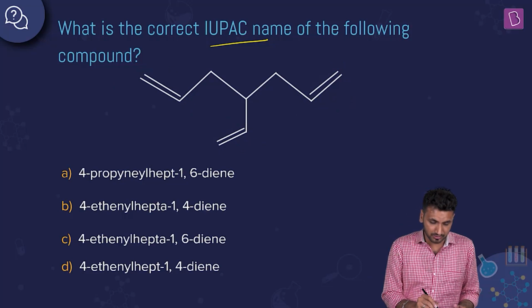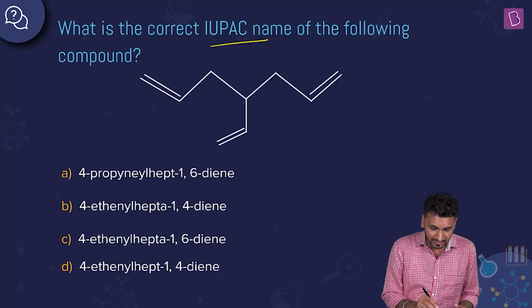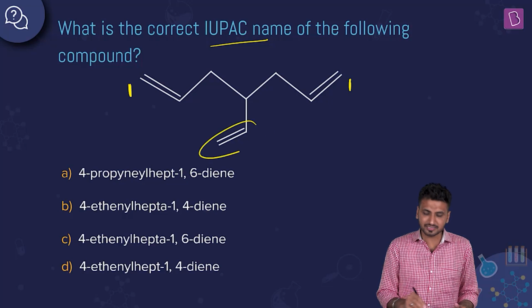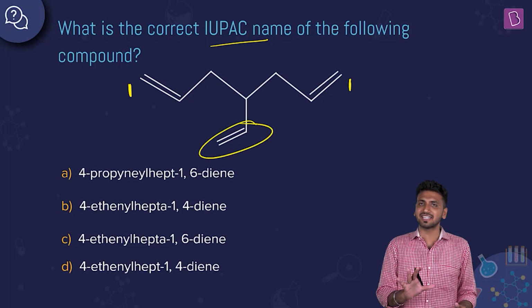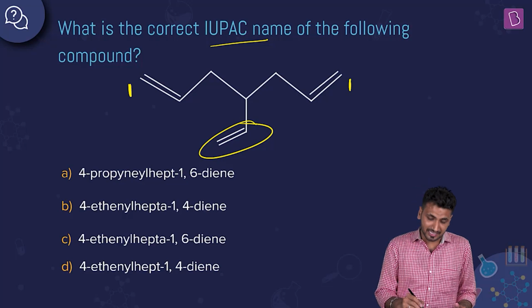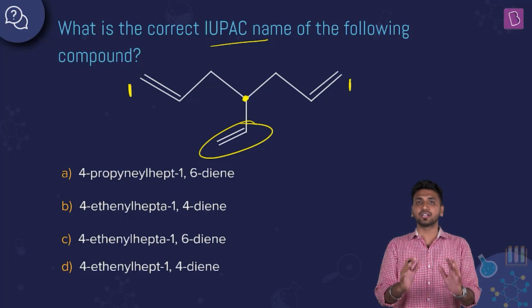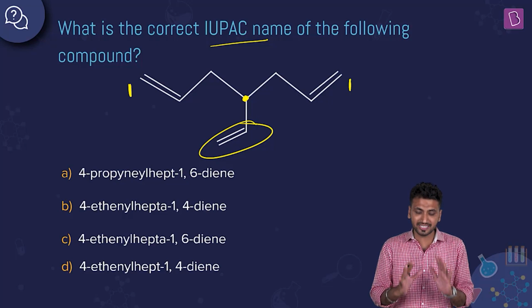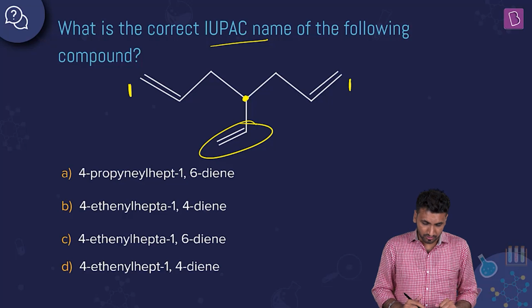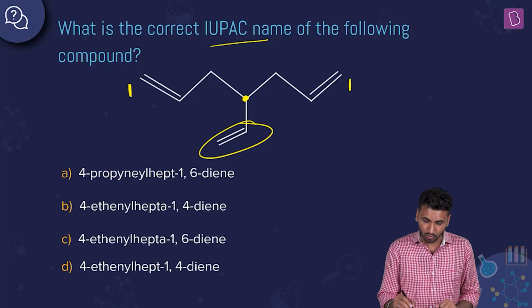If I move on with that thought, I have to number this molecule either from here or from here, right? It won't be possible to take this into the parent chain. We'll treat this as a side chain, right? But one thing that you have to keep in mind is that this carbon, according to the lowest locant rule, should get the minimum number, right? So if I start from left, 1, 2, 3, 4.